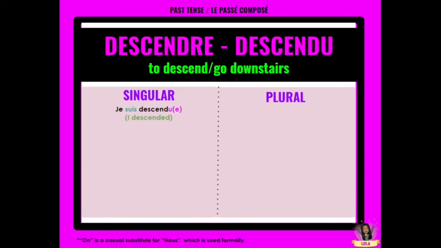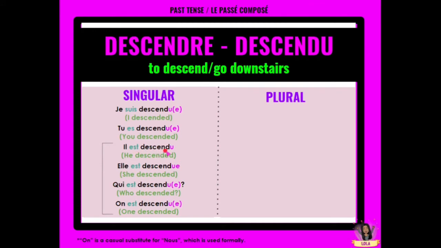So if we had to conjugate this, it would be je suis descendu, and I've put the E in brackets because if it was a girl writing it, then of course she would add the E, but obviously without the brackets, I've just put it here because it's a possibility. It means I descended. Tu es descendu, you descended. Again, the E's in brackets in case we're talking about a girl.